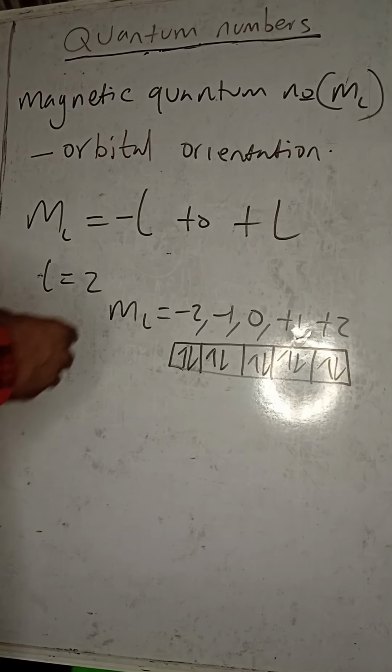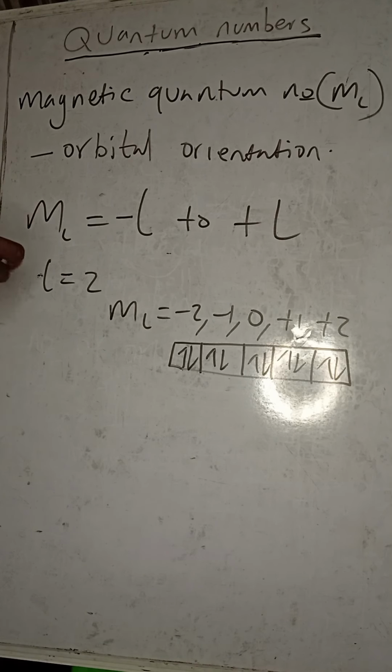So singly filled represents paramagnetism. Highly paramagnetic substances are ferromagnetic. For a paramagnetic substance, the magnetic field of the substance is greater than the applied magnetic field. That's what it means to be paramagnetic: you're partially magnetic.